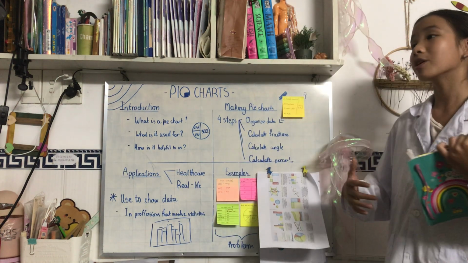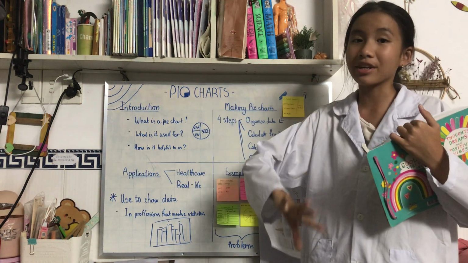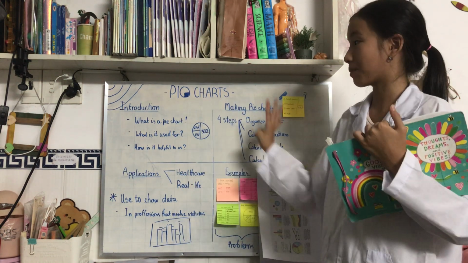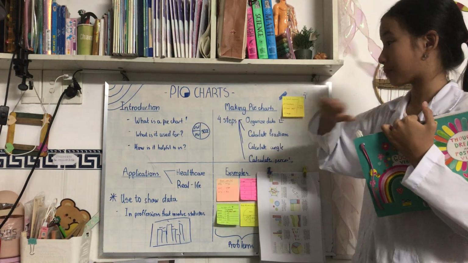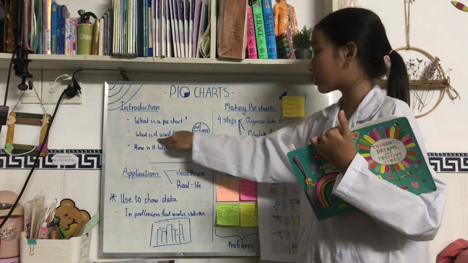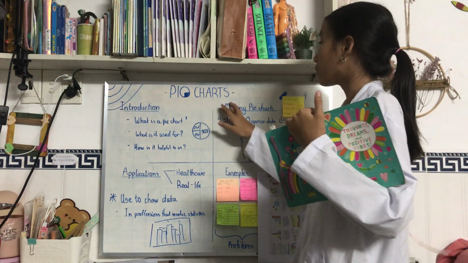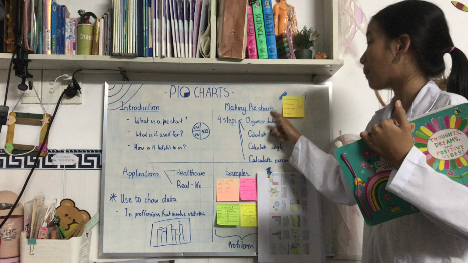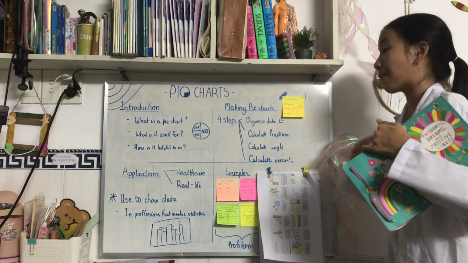In this video, I'm going to be talking about my third edition, which is about pie charts. Now in this video, I'm going to be talking about four main parts. The first part is introduction to pie charts, where I'll be explaining what is a pie chart, what it is used for, how is it helpful to us, and then we will move on to the next part, which is making the pie charts, where I will cover all of the steps that we need to make a pie chart.